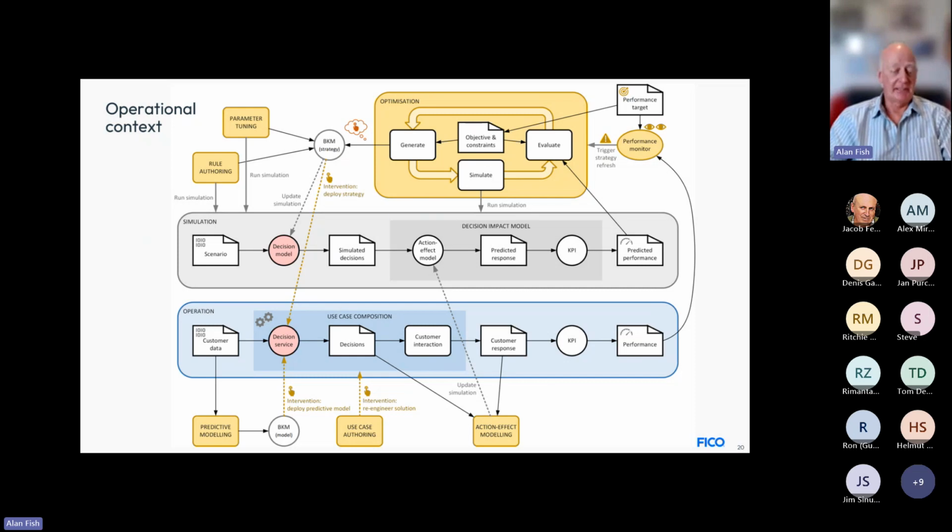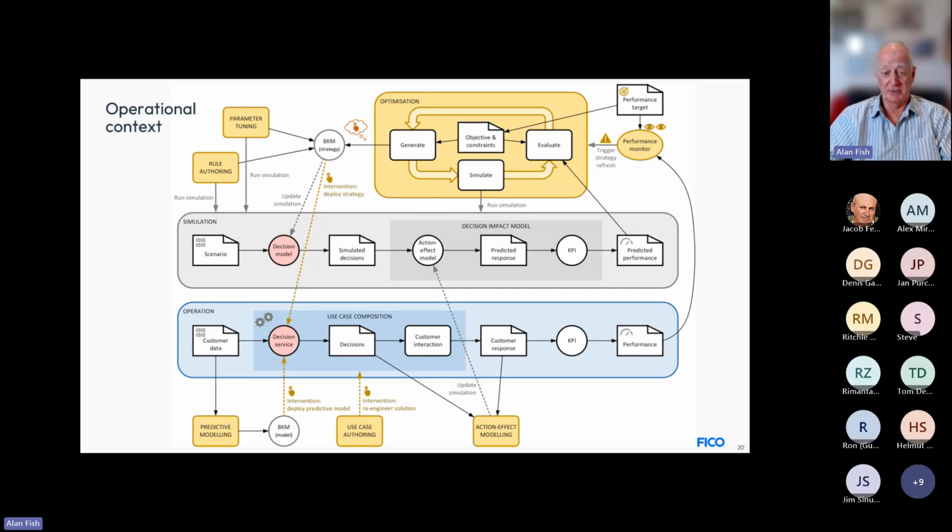The sorts of things that typically happen in a decision management solution are that we have some customer data, usually partly provided by the customer and partly from other sources. We make some decisions based on those data. We have an interaction with the customer specific to the purposes of this composition, but it may be, for example, to make them an offer or to tell them about potential fraud or whatever it is that we're doing for them.